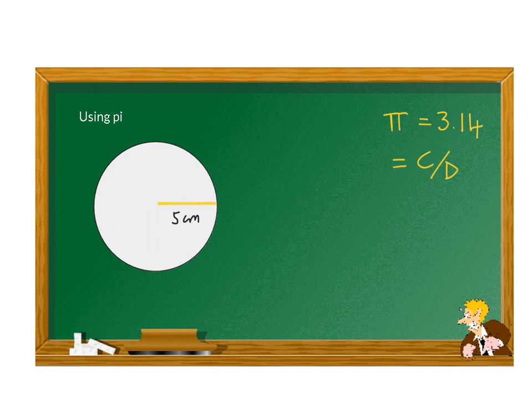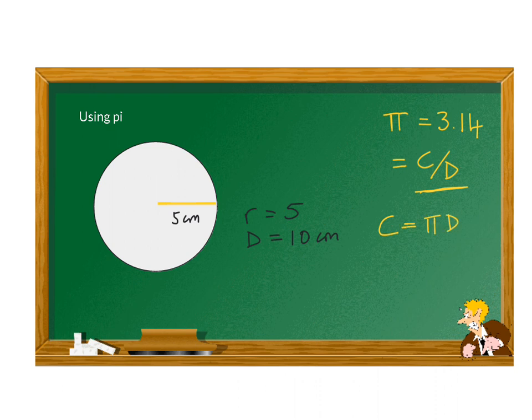Okay, so if the radius r is 5, then the diameter, remember the diameter is double the radius, so the diameter is 10 centimeters. So from this expression here, we can work out that the circumference is pi times d.